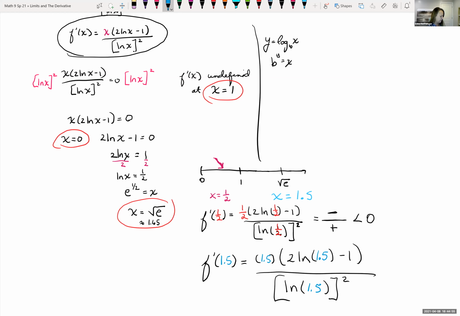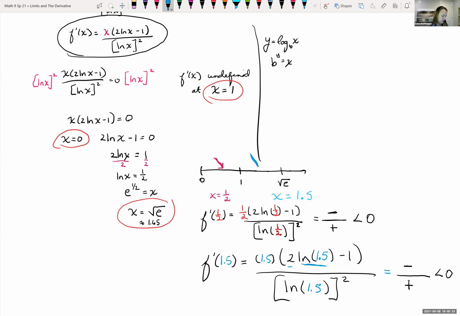So let's look at natural log of 1.5. I know that's positive, but let's see how big it is. That's 0.4. So if I multiply this 0.4 times 2, that's 0.8 minus my 1. That would make that inside the parentheses negative. So my numerator looks like it's negative all over my denominator, which is positive. So it's less than 0. So this is also decreasing here.